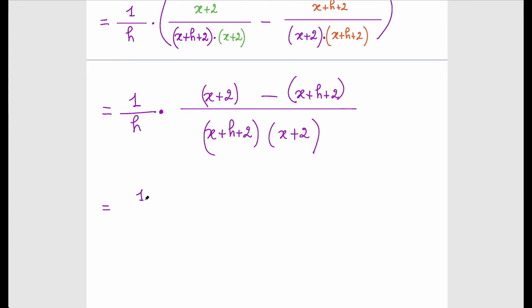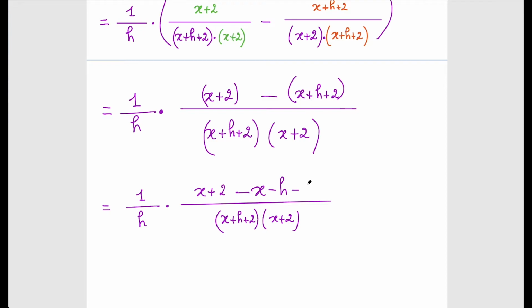All right, and then what do we get? We get 1 over h times the quotient whose denominator is x plus h plus 2 times x plus 2. And upstairs we have x plus 2 minus, let's destroy the parentheses, which means everybody inside switches sign, x minus h minus 2.